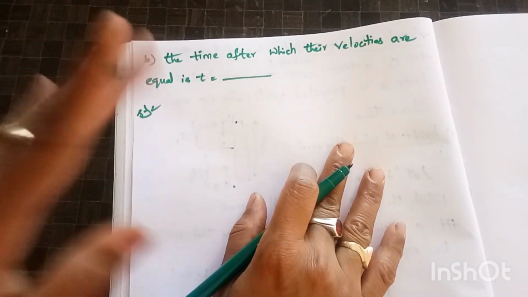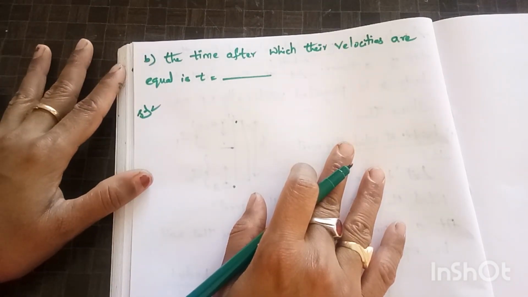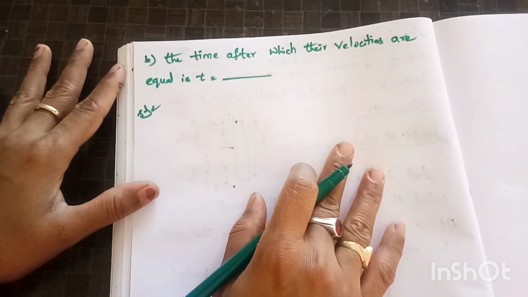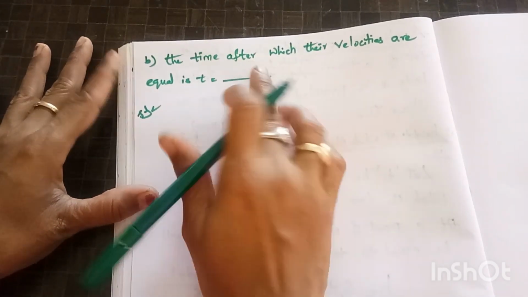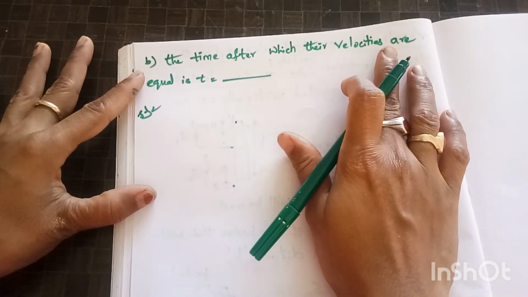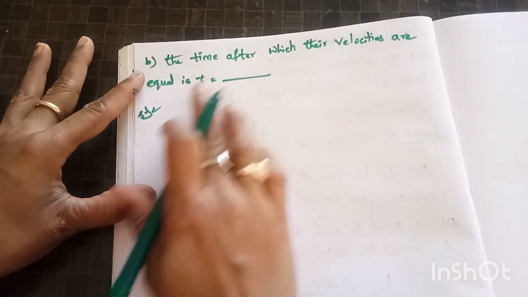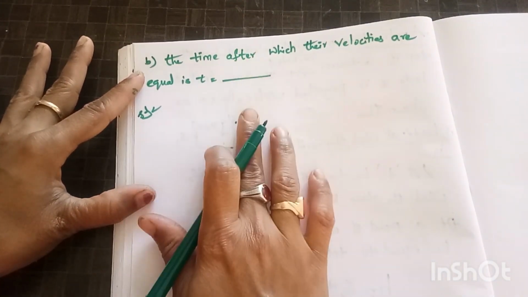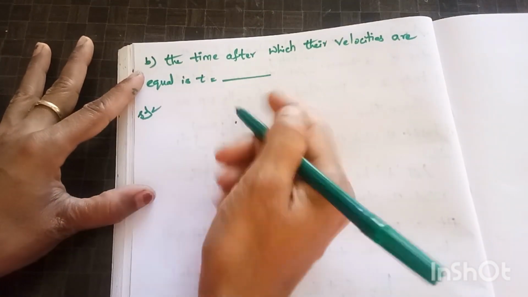We have discussed in the previous class that the velocities will be equal after time t. What we are going to find is at what time the velocities are going to be equal.